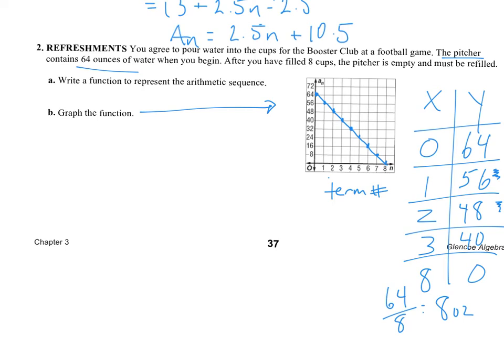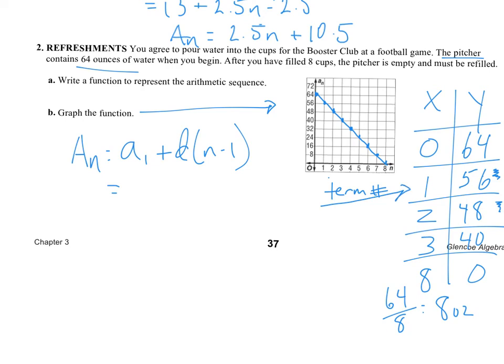And letter A, write a function to represent the sequence. So here we go. So the nth term is equal to first term plus difference times n minus 1. All right. So the first term is, this is a bear trap, kiddos. The first term is right here, right?